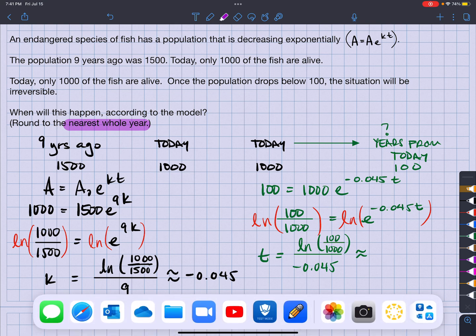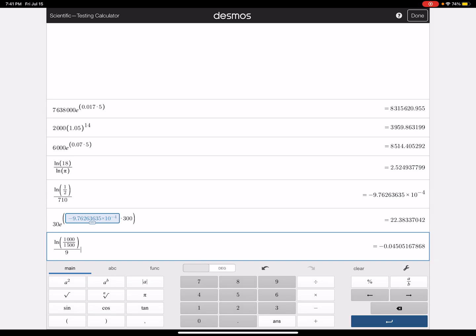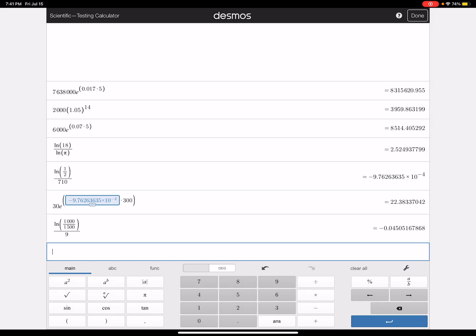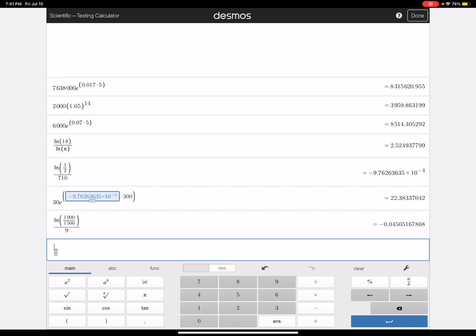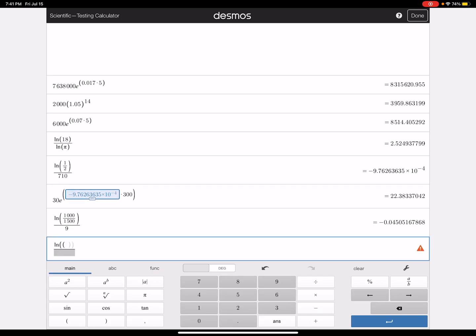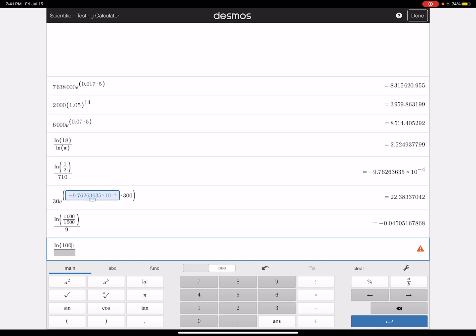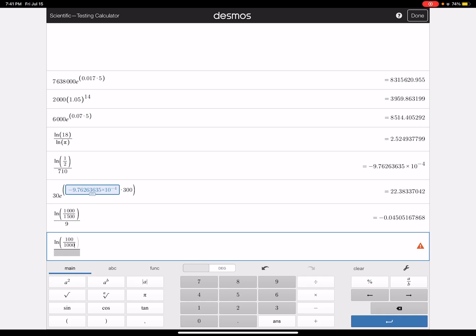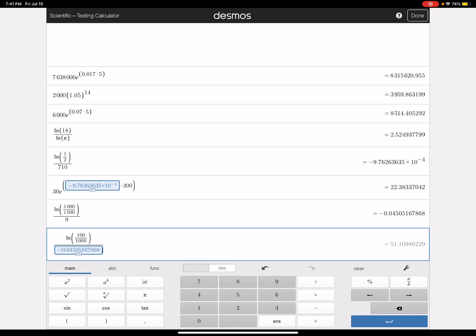Let's go ahead and plug that in. Don't forget, I already calculated this part. So again I have a fraction. The top is going to be the ln of 100 divided by 1,000, in parentheses, divided by that previous answer.